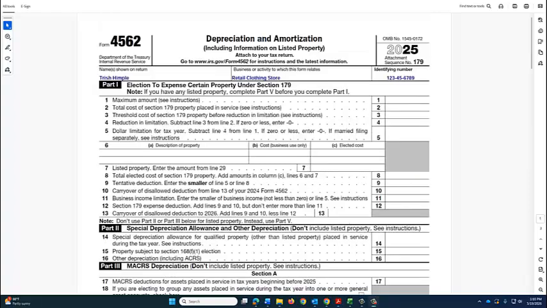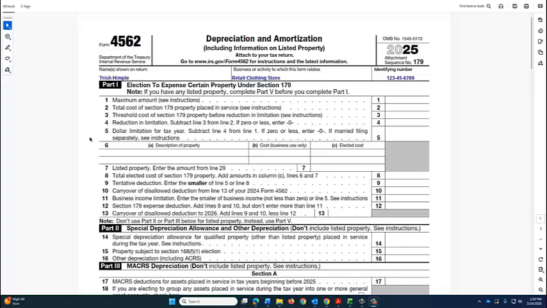The 4562 is where we show the details for the depreciation that we're taking. In Part 1, this is where Section 179 deductions are reported. We didn't have any Section 179 deductions because the bonus depreciation was much more advantageous for the taxpayer.